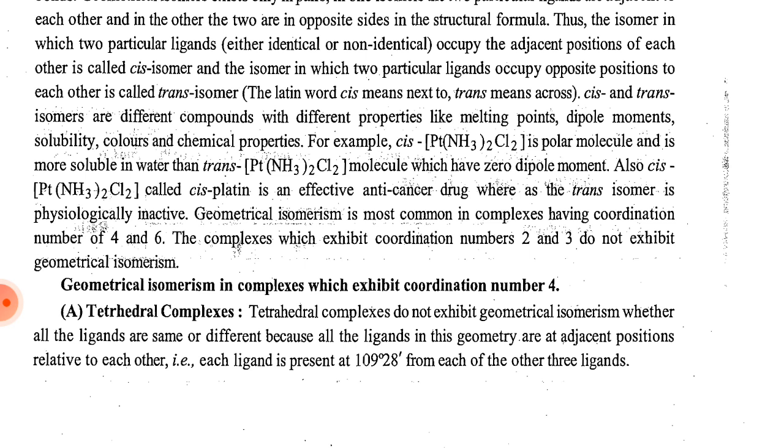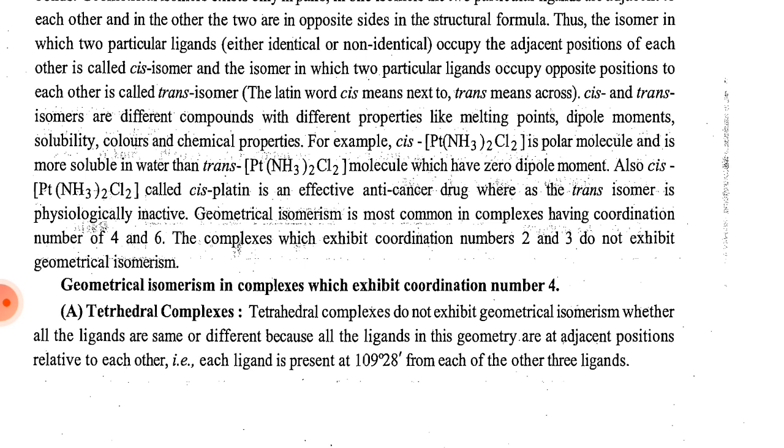But trans-Pt(NH3)2Cl2 is not polar, so it is insoluble in water, and its dipole moment is zero. So the trans isomer of cisplatin is not polar at all, because of zero dipole moment.